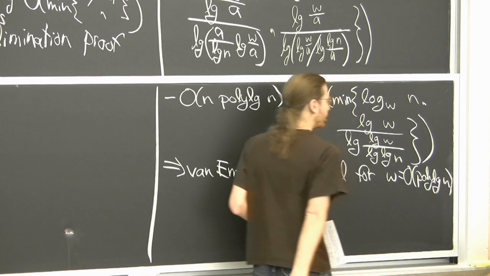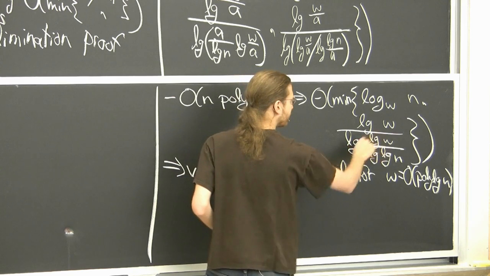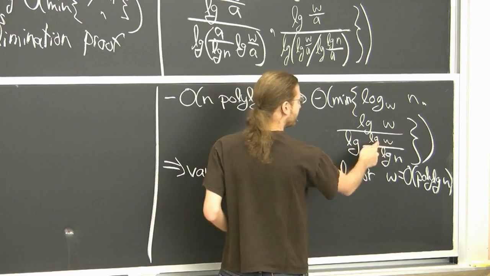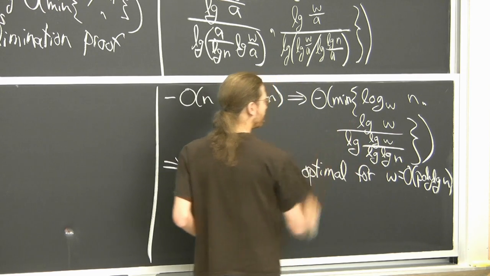Okay, that's when it gets log n performance. And so you can check, in that case, this term doesn't buy you anything. That's log w would be order log n if you're polylog. So this disappears, and you just get log w.